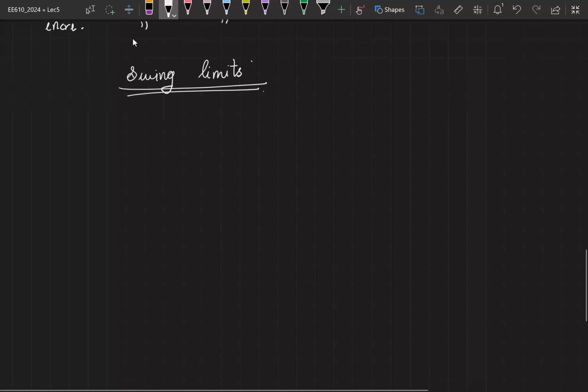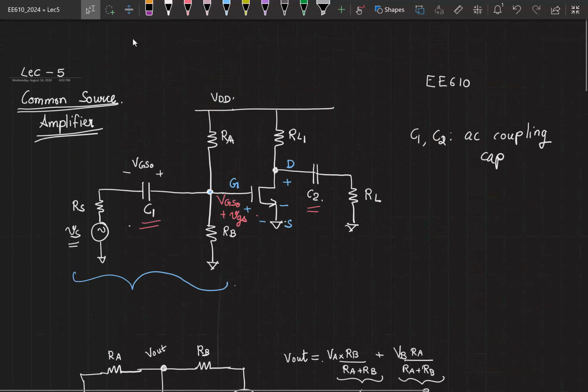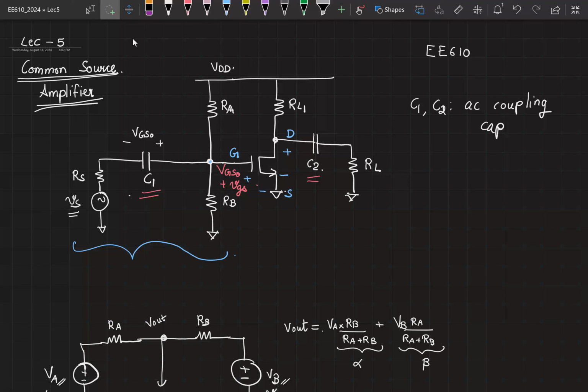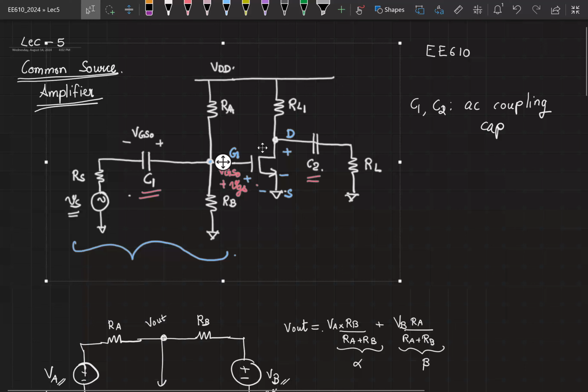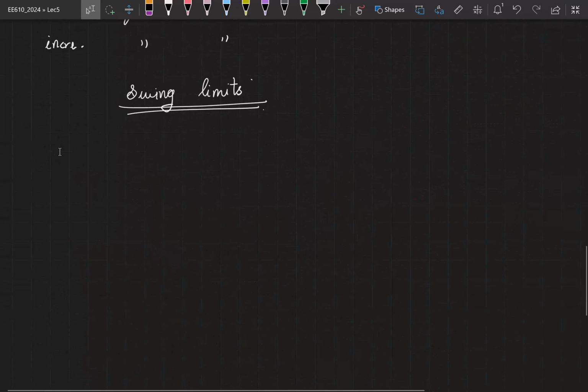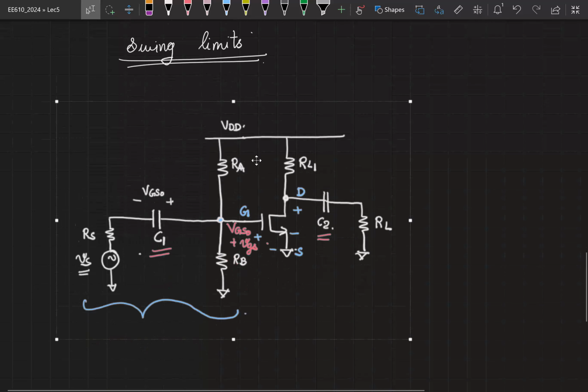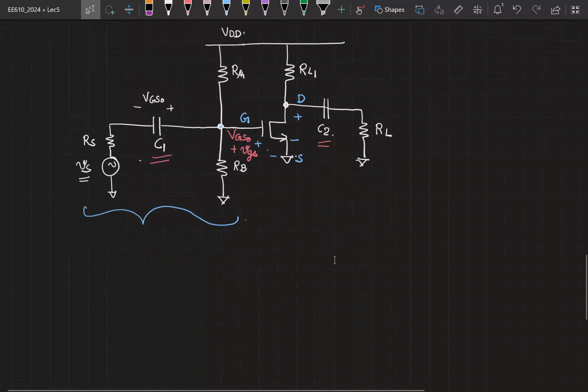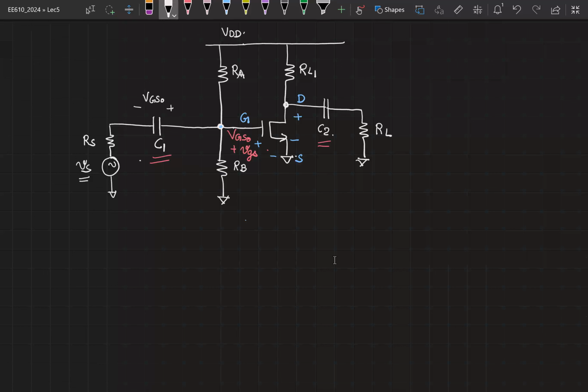Right. Now, given this circuit, quickly tell me the total gate voltage.